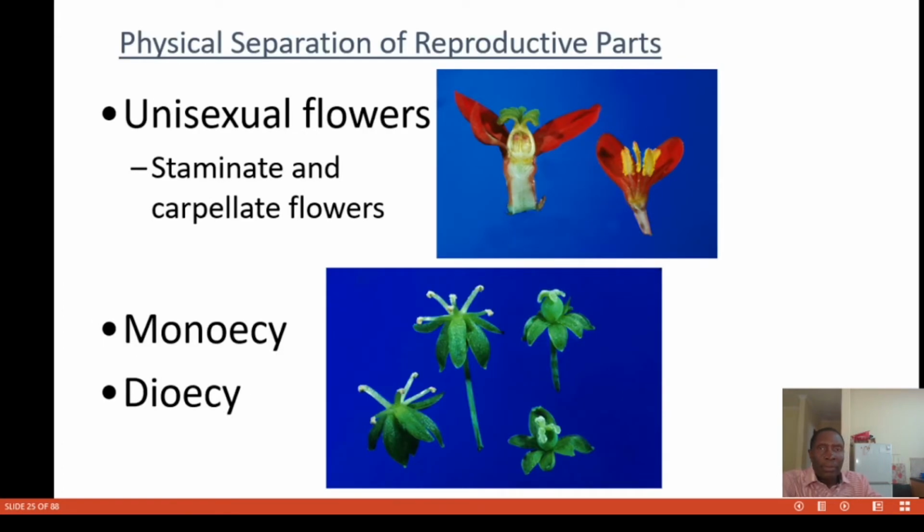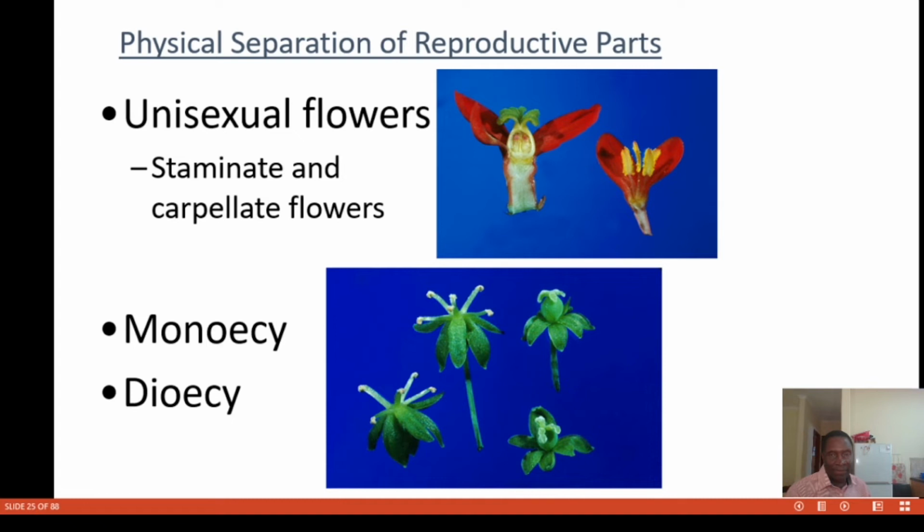Now, it's interesting again. The physical separation of reproductive parts is very elaborate in plants. In particularly unisexual flowers, as we have seen, like humans, we are unisexual. Women, female gender, and male gender.